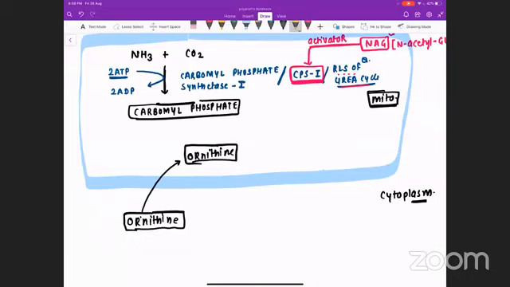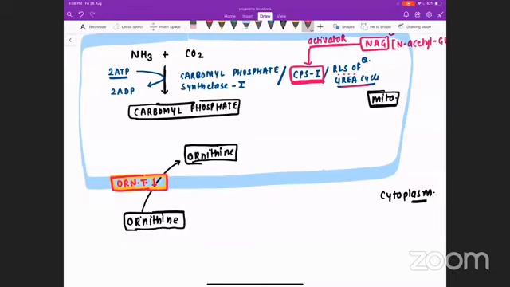To transport ornithine from the cytoplasm to the mitochondrial matrix, we require a transporter. The transporter working at the mitochondrial membrane is called ornithine transporter 1, in short ORNT1. With the help of ORNT1, ornithine will be transported inside the mitochondrial matrix.